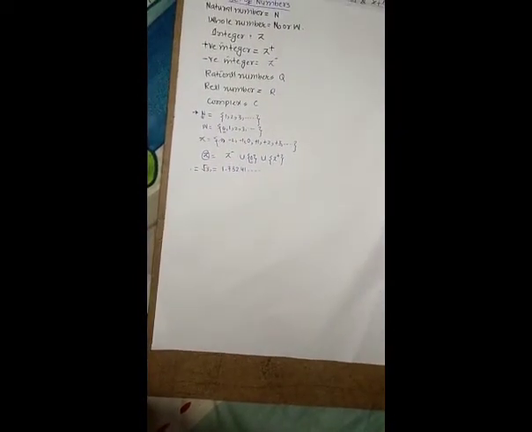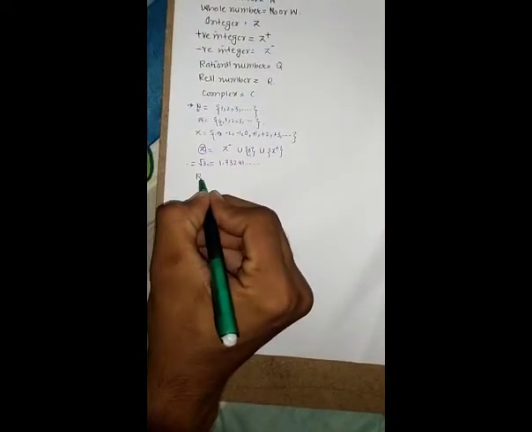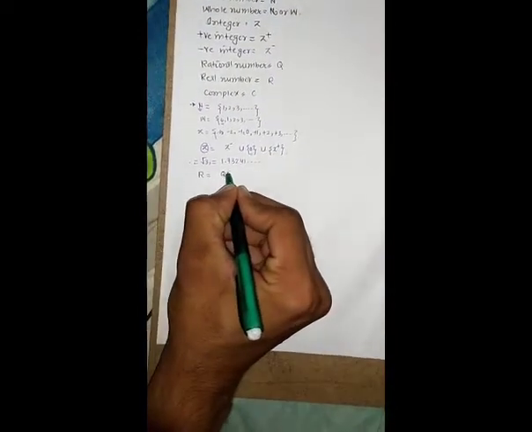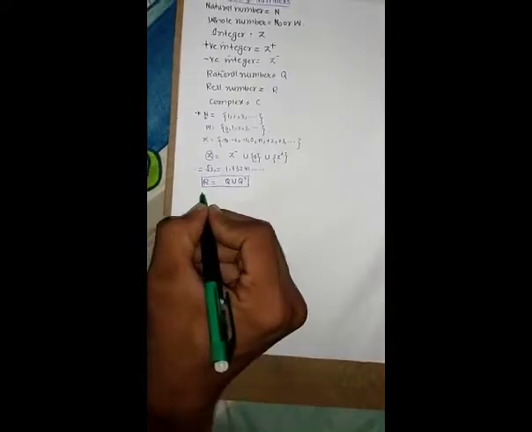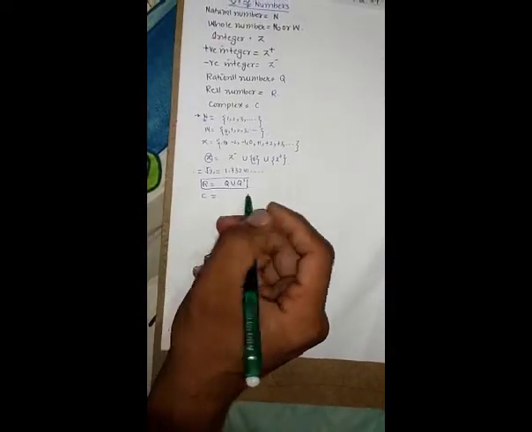Okay, what are real numbers? The union of rational and irrational numbers is called real numbers. And what are complex numbers?